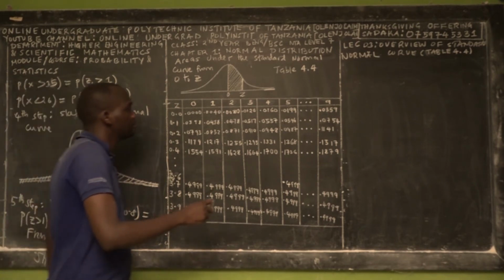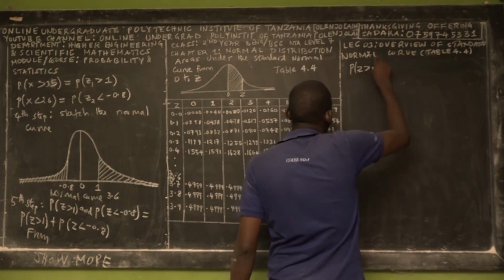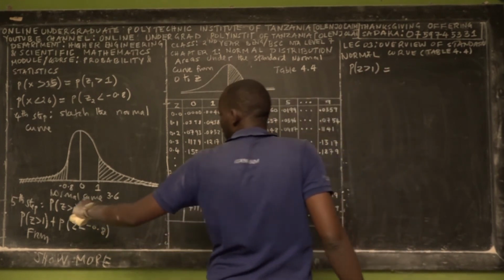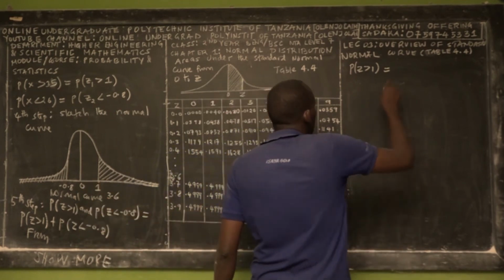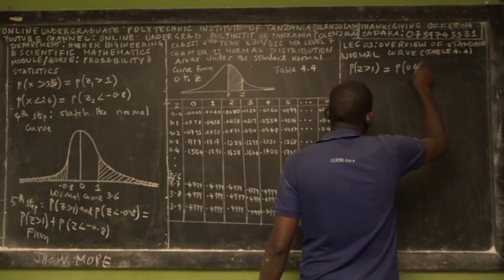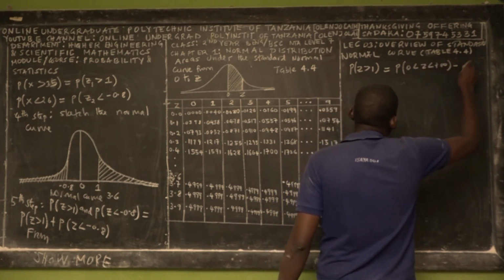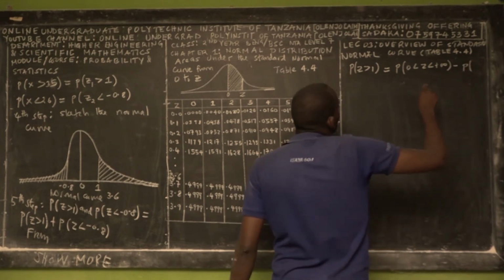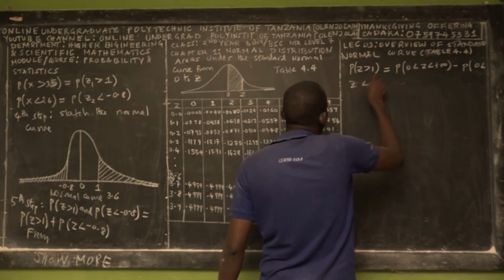From the probability of z greater than 1, this region is equal to the probability from 0 less than z less than positive infinity minus the probability of 0 less than z less than 1.